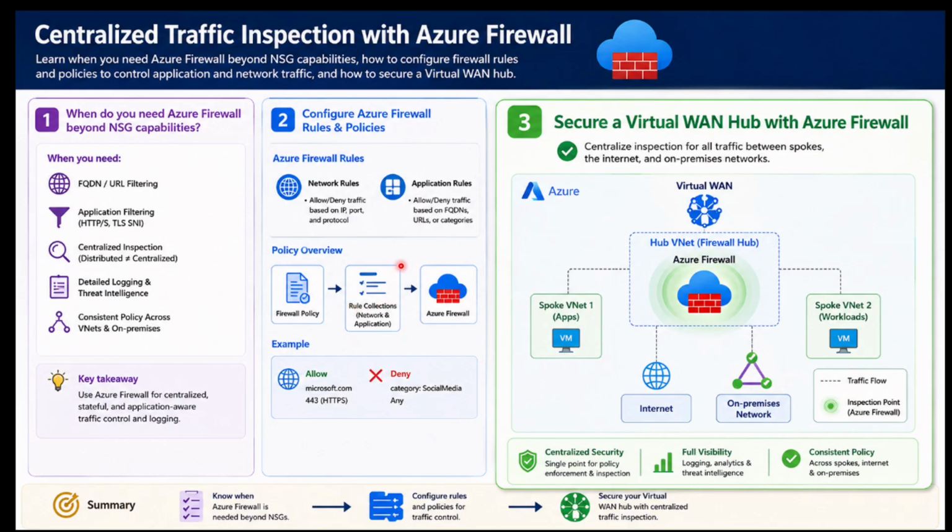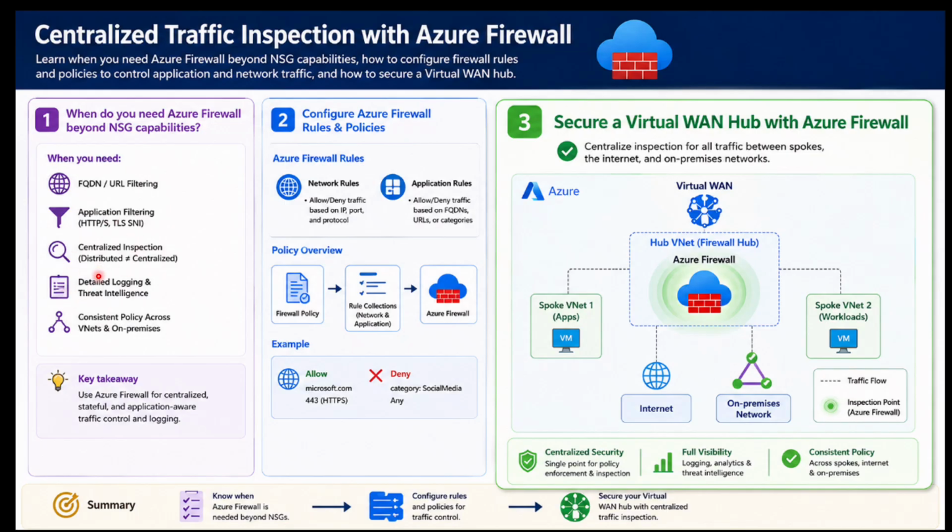So this goes beyond that, right? With NSGs, we can filter by IP address and subnet, but with firewalls we can filter by fully qualified domain name, DNS, URL filtering, also application filtering like HTTPS and TLS.